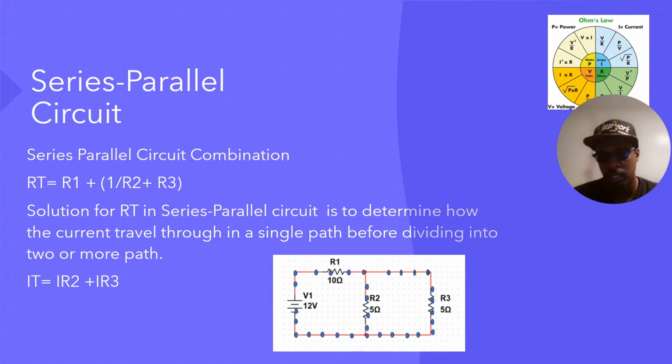The solution for RT in the series parallel circuit is determined by how the current travels through a single path before dividing into two or more paths. So IT is equal to IR2 plus IR3. Alright, so the current is divided among each branch within the circuit.